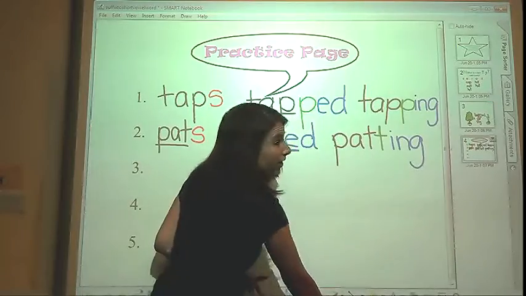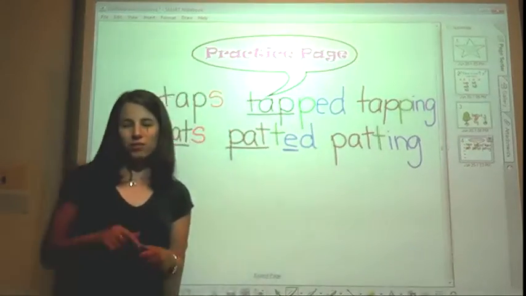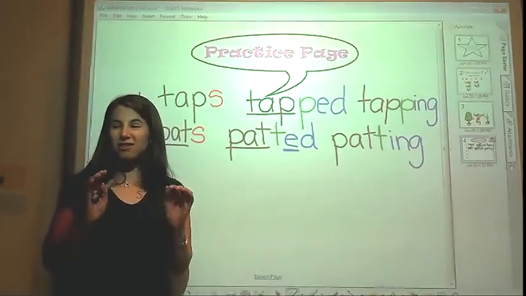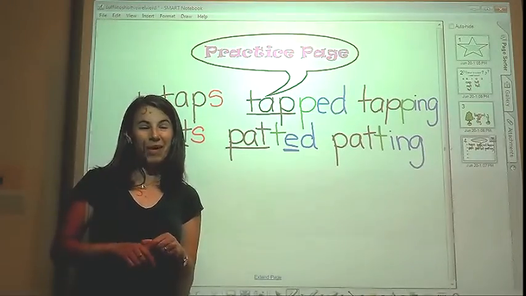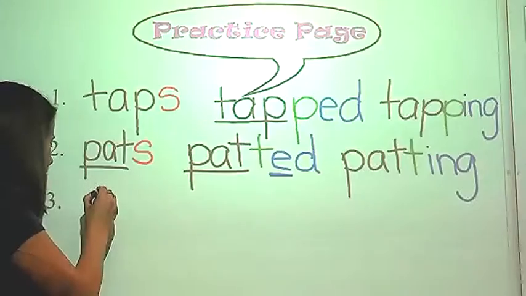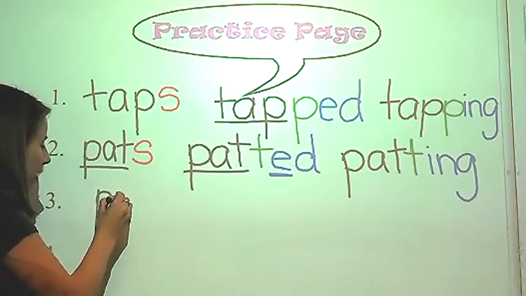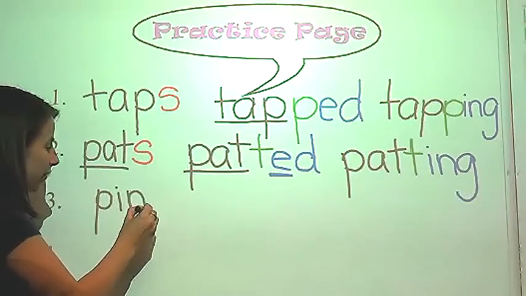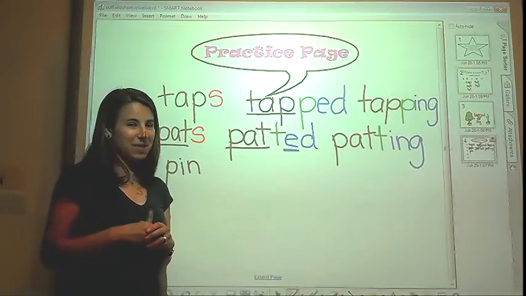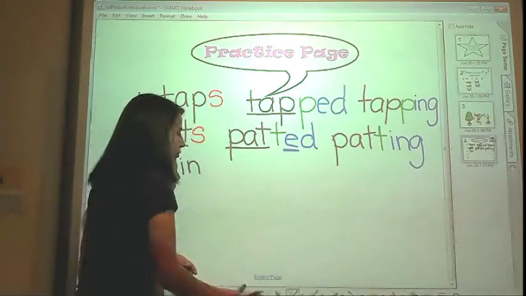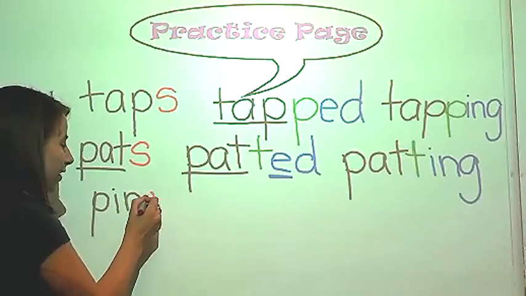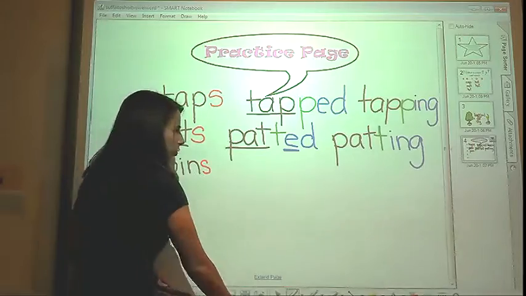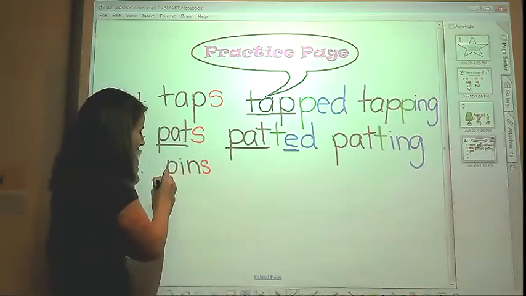Let's do one more word, just for good measure and good practice. Our last word is going to be the word pin. P-I-N. Let's make it say pins. Remember, you just put the S right on the end. What's the root word? Do you remember? You got it.